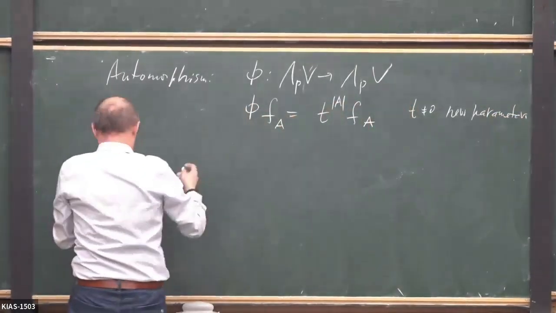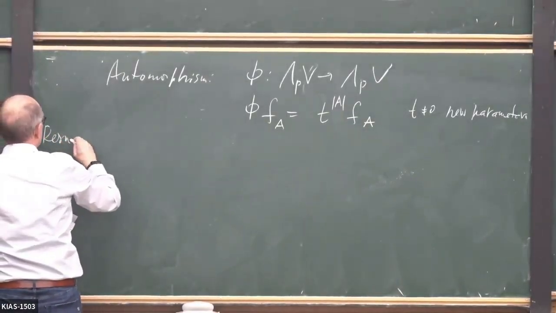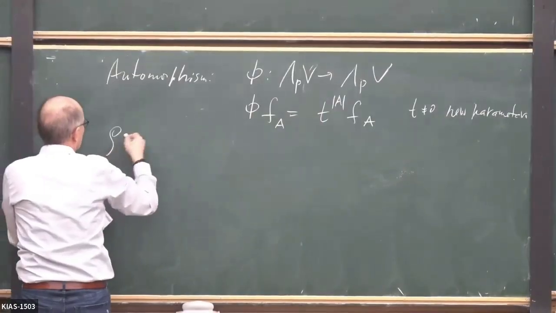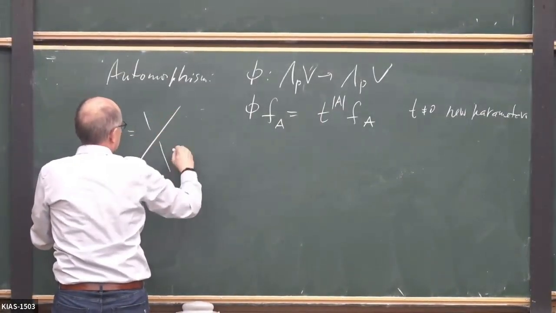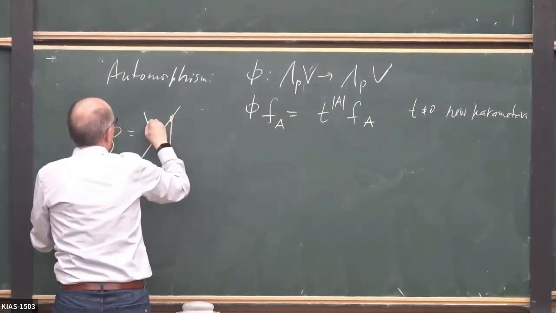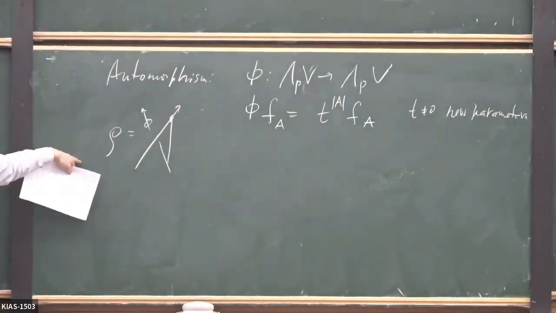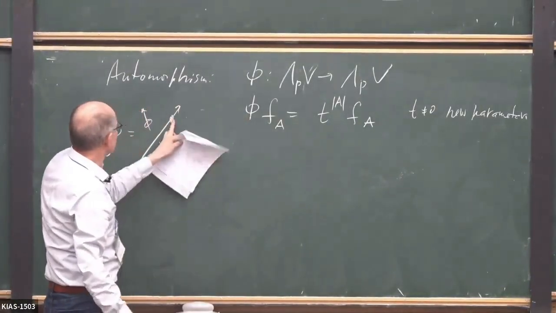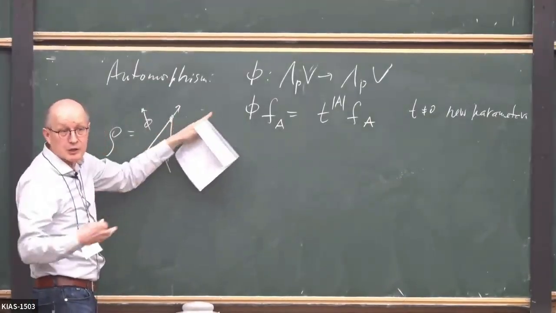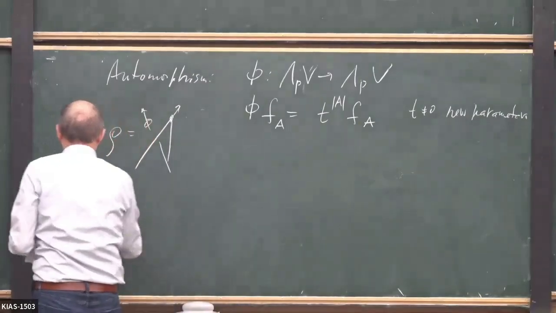And then we have rho, like the formula I mentioned in the beginning, which uses this phi, the coproduct, and here the right action, which uses the automorphism.